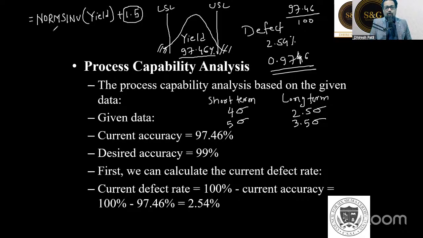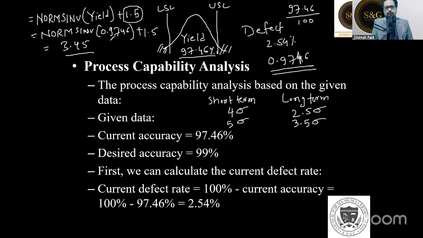So the formula is NORMSINV in bracket yield. Let's put the formula. You can just open your Excel and put the formula. Yield is what? 0.9746, bracket complete, plus 1.5. If you put this in the formula, you will get something like 3.45.